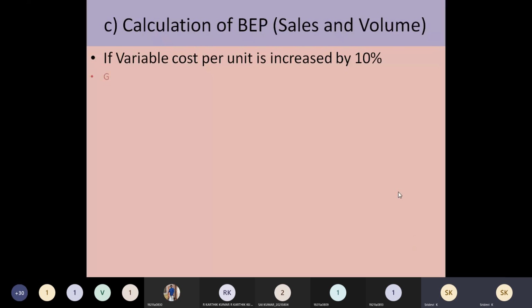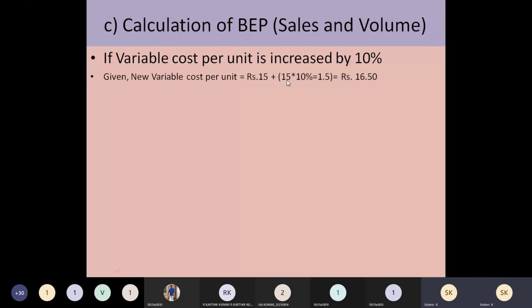According to the problem, we have to calculate the new variable cost per unit. The old variable cost per unit given in the problem is 15 rupees, right? So 15 rupees plus, because it is increased, you take it as plus and calculate 10 percent on 15 rupees. 15 into 10 percent will give you 1.5 rupees.